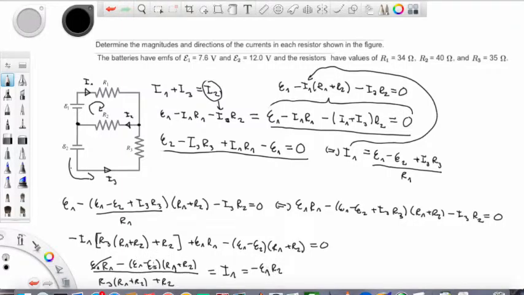And then the other one, E2, is just negative negative, that's positive, plus E2 times R1 plus R2. And that divided by this guy.